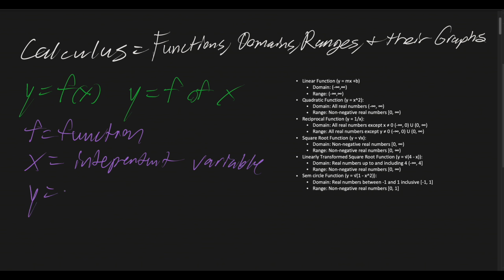And y is considered the dependent variable. Referring to our function, it is also denoted as y is equal to f of x. And within calculus, there are a wide variety of functions that express different outputs with their respective domains and ranges, which we are going to head into right now.